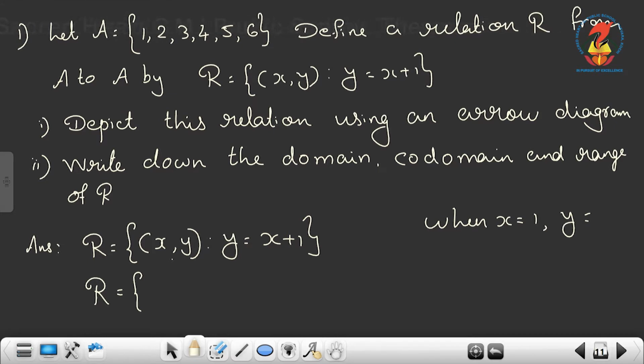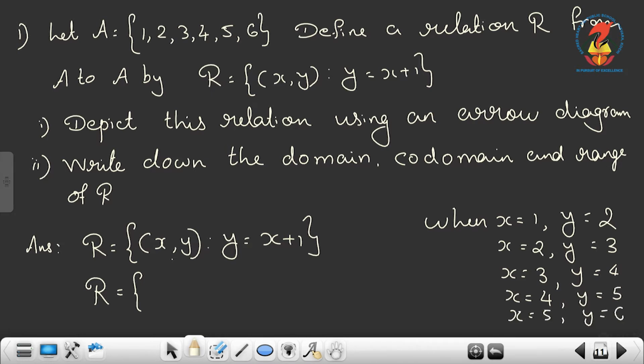When x is 1, 1 plus 1, that is 2. When x is 2, y is 1 more than that, 3. When x is 3, y is 4. When x is 4, y is 5. When x is 5, y is 6.